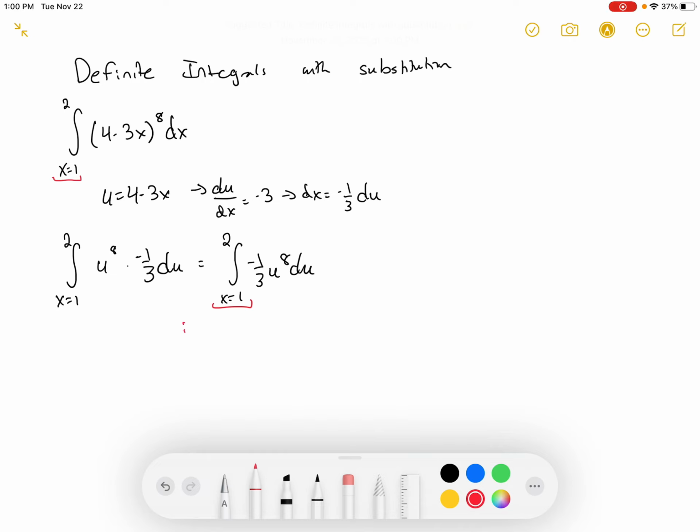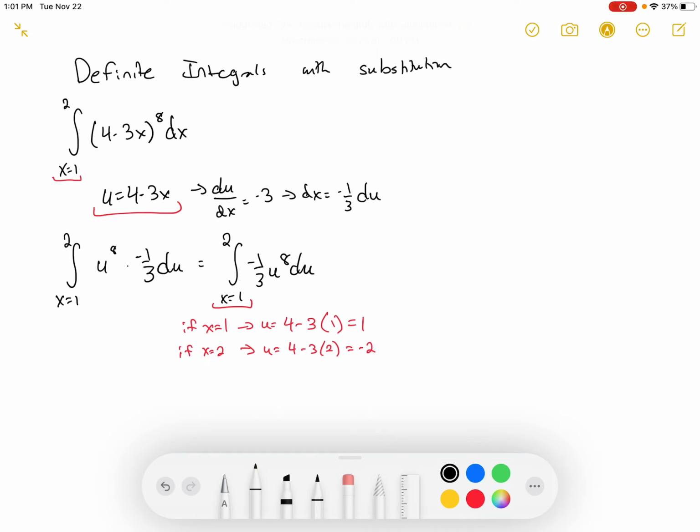Remember, u was 4 minus 3x, so u equals 4 minus 3 times 1, so u is just 1. Similarly, if x is 2, u is 4 minus 3 times 2, which is negative 2.